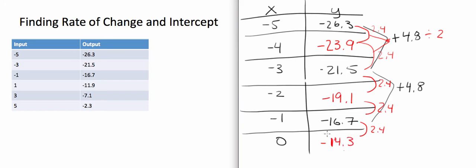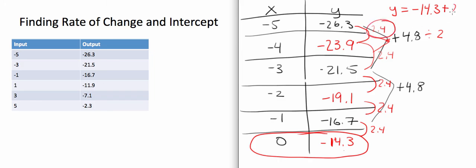So now that's the value we need here for our equation, and our equation is going to be y is equal to -14.3 plus 2.4x.